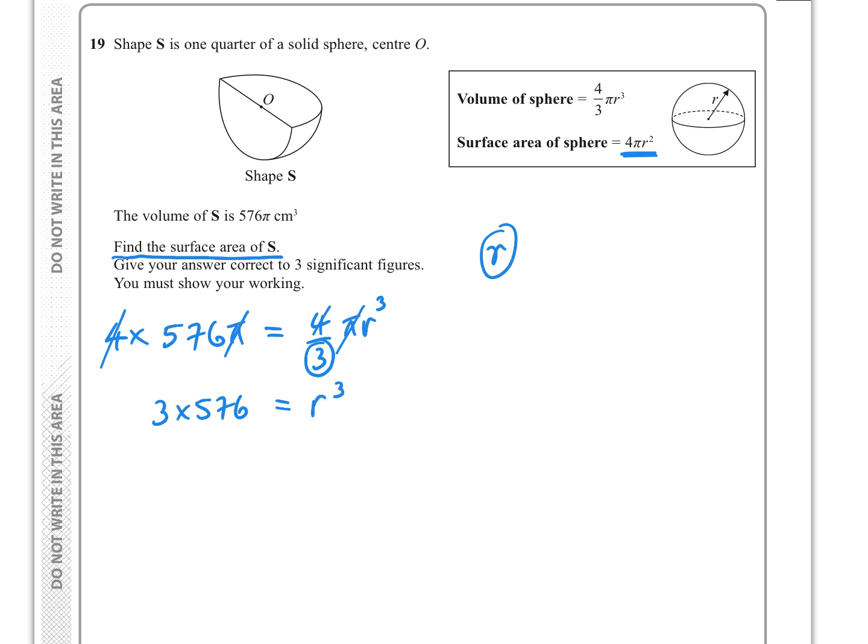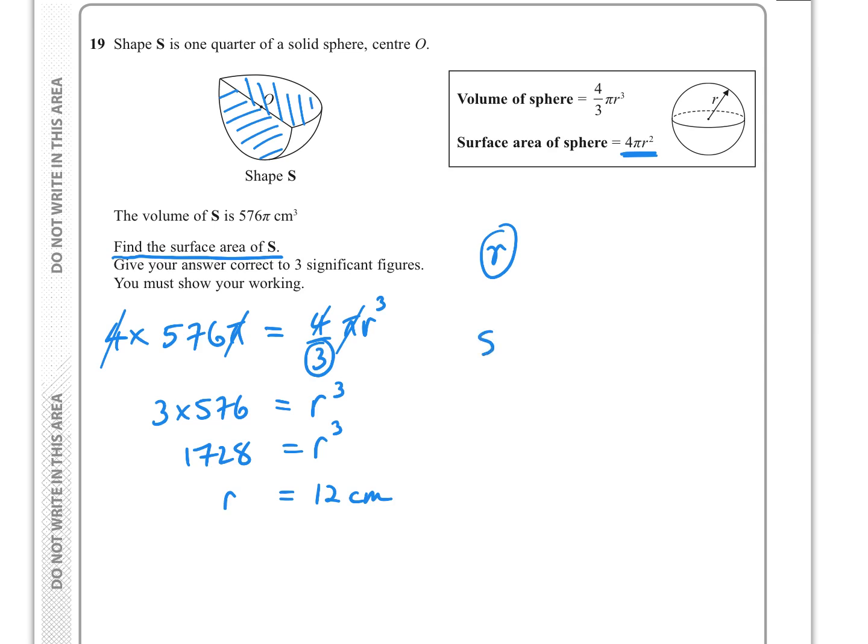And on the calculator, 3 times 576, that's 1728 equals r cubed. If you know your cube numbers, you can just write 12. If you don't, just use your calculator. So r is 12 centimetres. So the surface area, well, I can see that if I add this part here to this part here, it will just make a circle, won't it, of radius r.